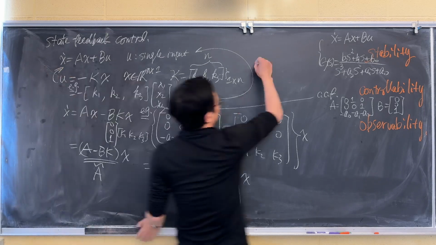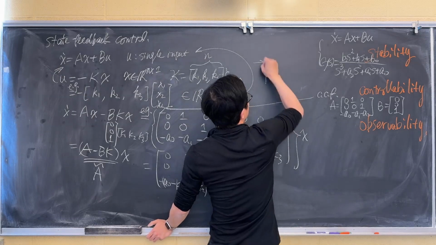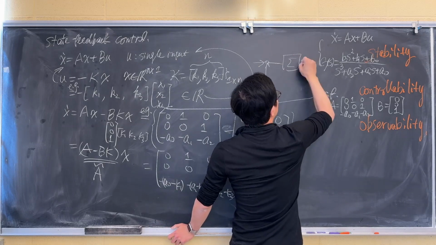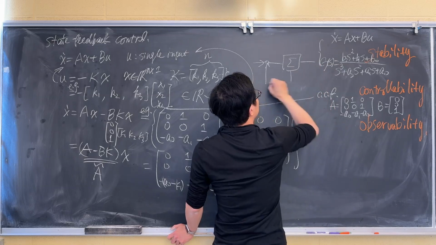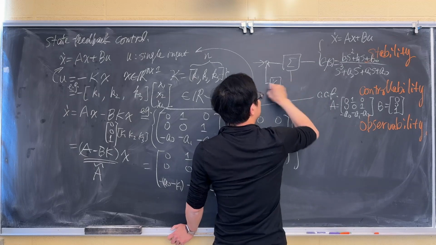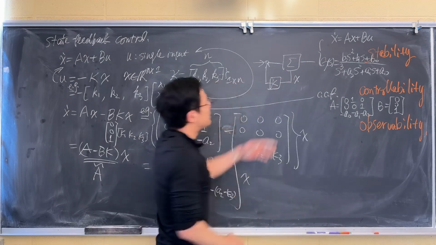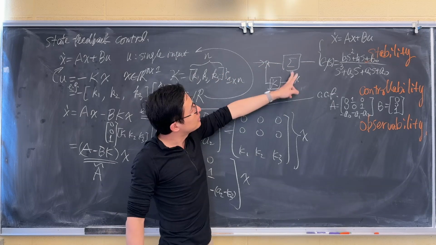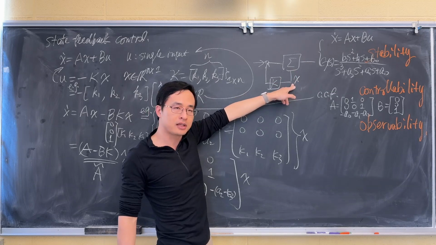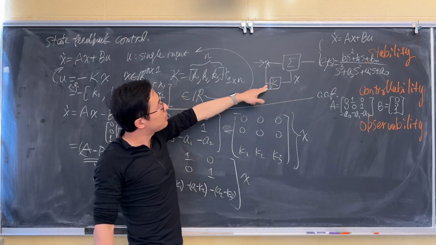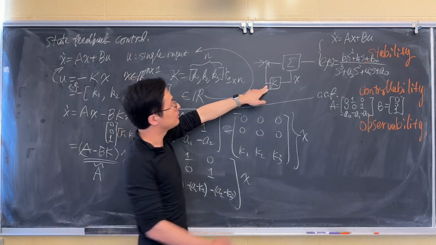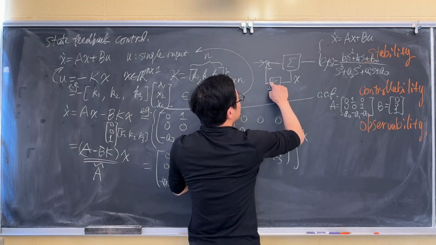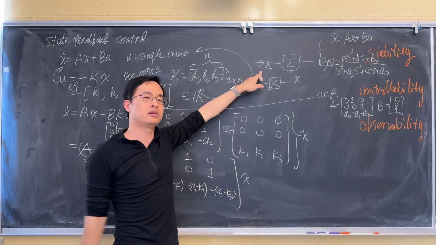You can write this feedback control as follows. You have your system realization sigma, and then you have your state coming out of the system dynamics. You multiply it with your controller gain K, and if it's negative feedback, you add a negative sign here. You close the loop in this way.